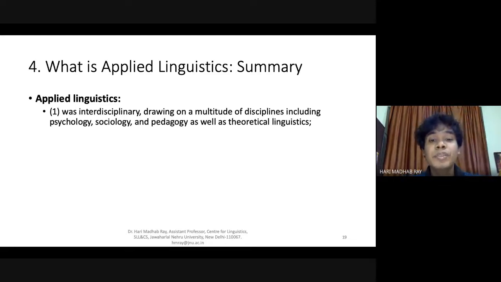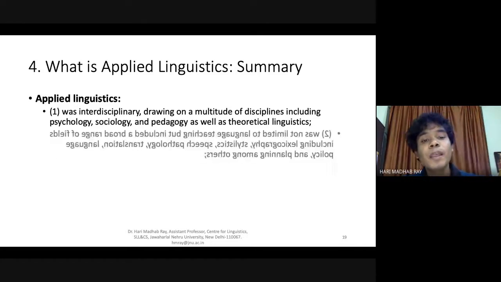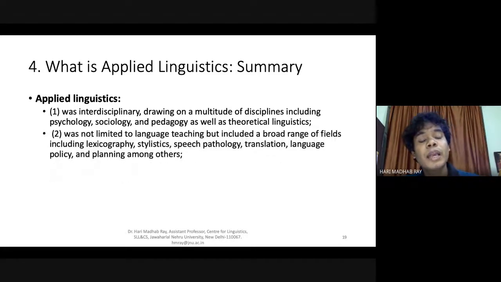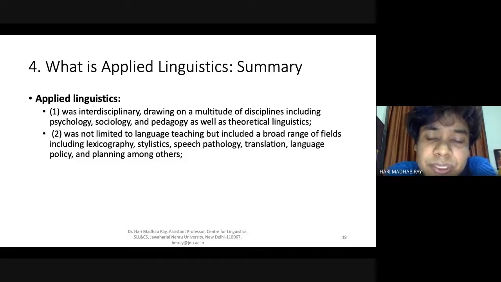Pedagogy is mainly the language teaching part, as well as theoretical linguistics. So this is what we have understood: interdisciplinary, drawing on a multitude of disciplines including psychology, sociology, pedagogy, as well as theoretical linguistics. And it's not limited to language teaching.